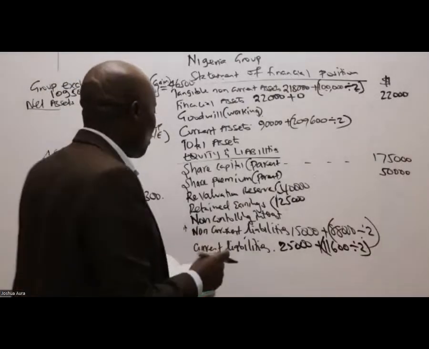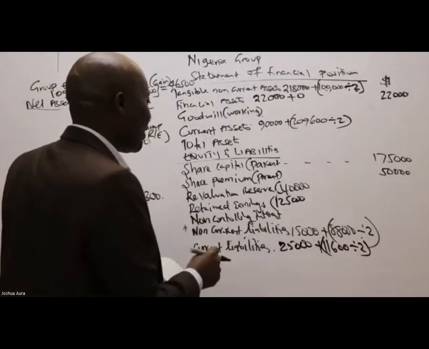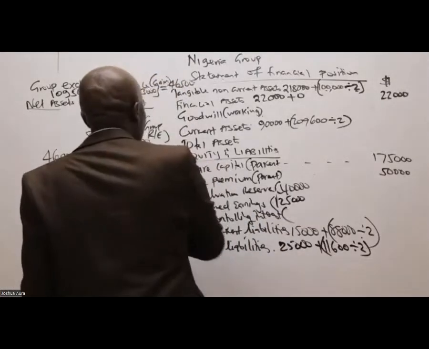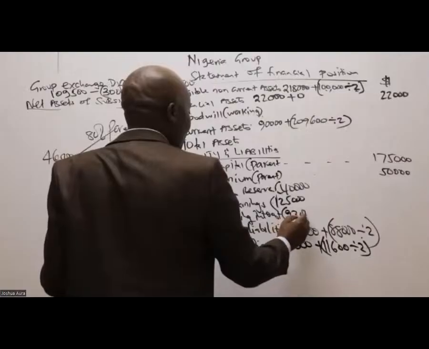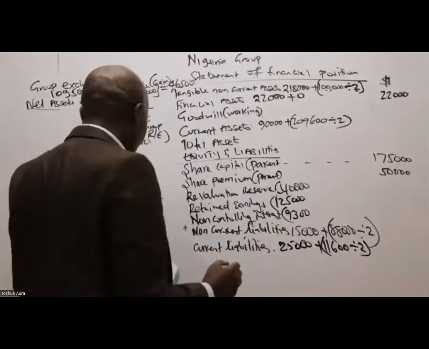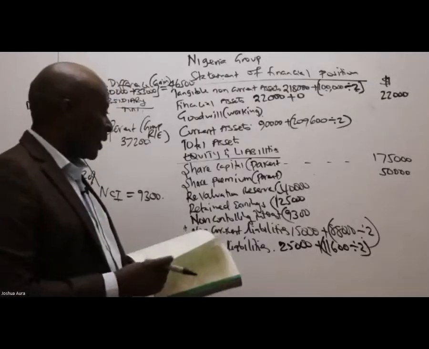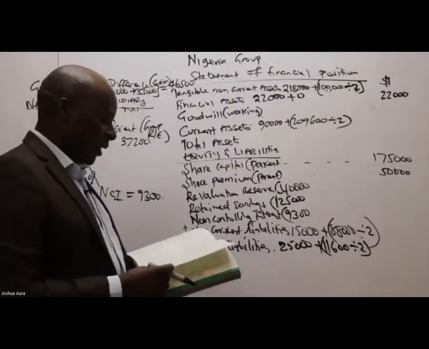So you can start building up the NCI. So this non-controlling interest, please come and put brackets there. Already I can see they have 9,300. I can start that. That's very good.